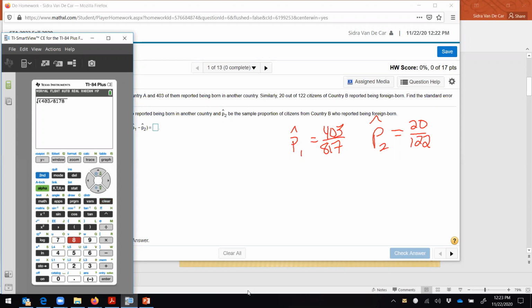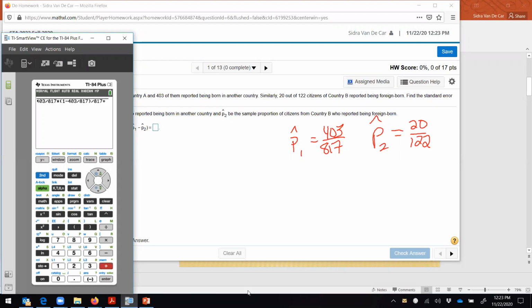Now Q1 is 1 minus that. Q1, so that would be 1 minus 403 over 817. Close the parentheses for the Q1. And then we want to divide all of that by the N1, which is 817.